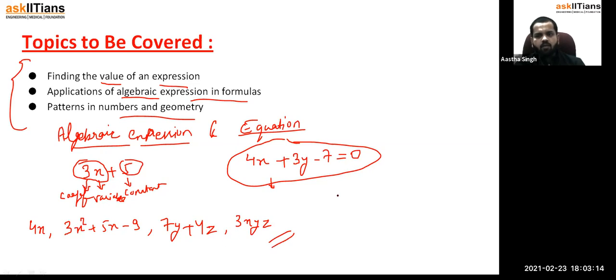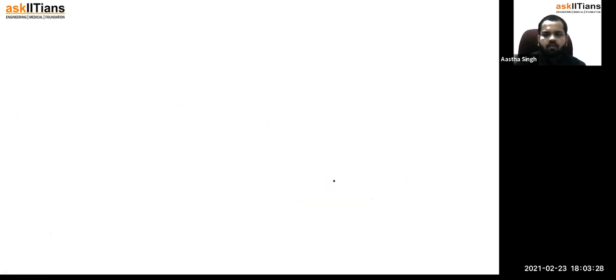And if I write an equal sign in this, for example 3x square plus 5x minus 9 is equal to 0, it becomes an equation because it has an equal sign.